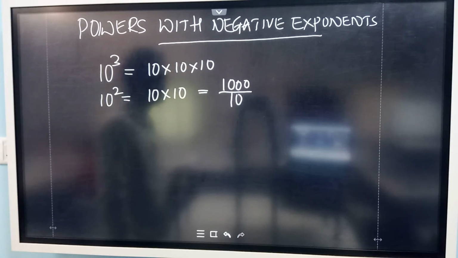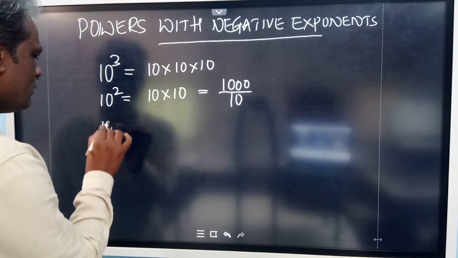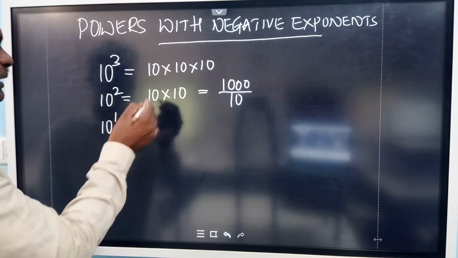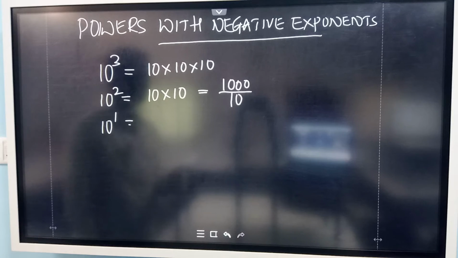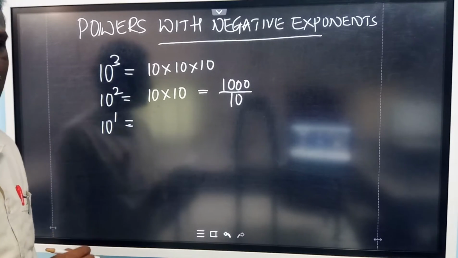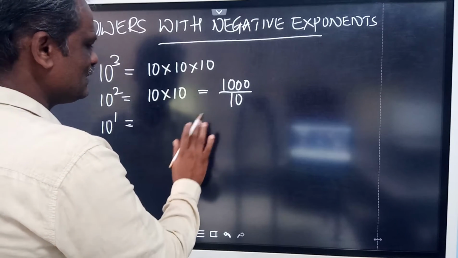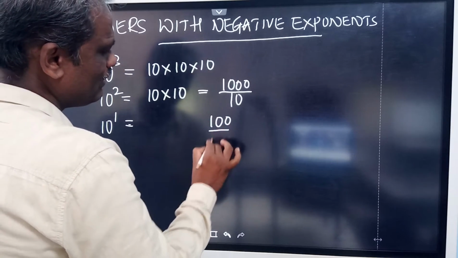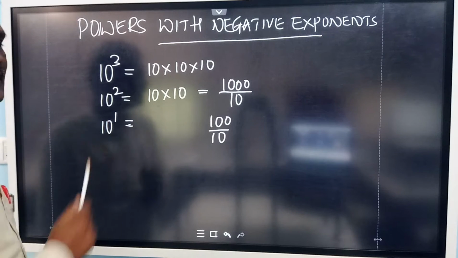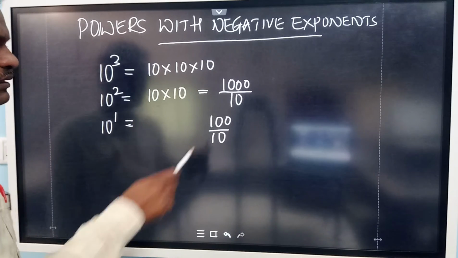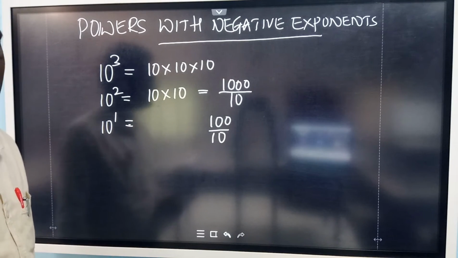Now 10 raised to the power 1 means this previous number, 10 raised to the power 2, should be divided by 10. That is 100 divided by 10. This 10 raised to the power 2 is 100, and we divide the previous number by 10.